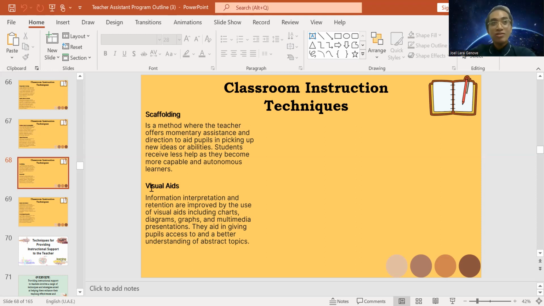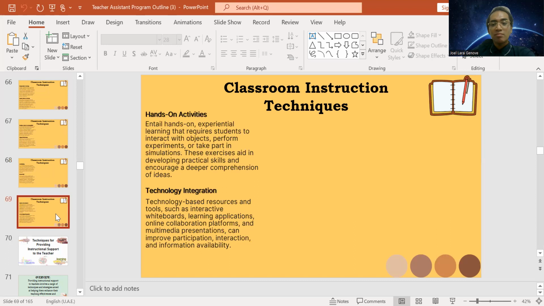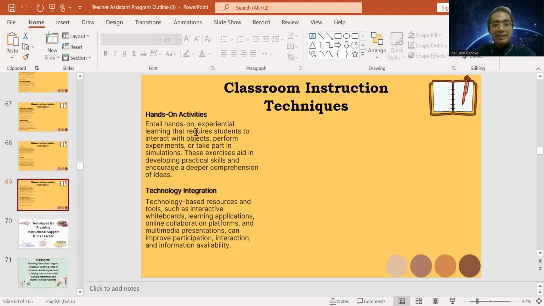Audiovisual, if it's like a movie, is multisensory, multi-sensory aids when it comes to your techniques.